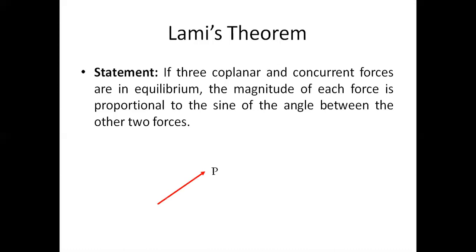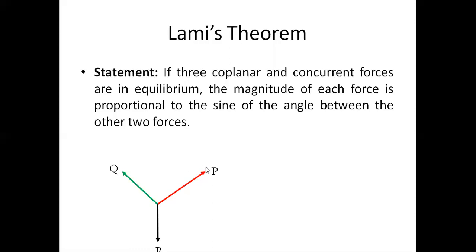So this is the first force P, this is the second force Q, and this is the third force R. There are three forces. All three forces are coplanar and they are concurrent. This is the point of concurrency. That means they are meeting at this point. So we have fulfilled these conditions. They are coplanar as well as concurrent forces, and they are only three in number.